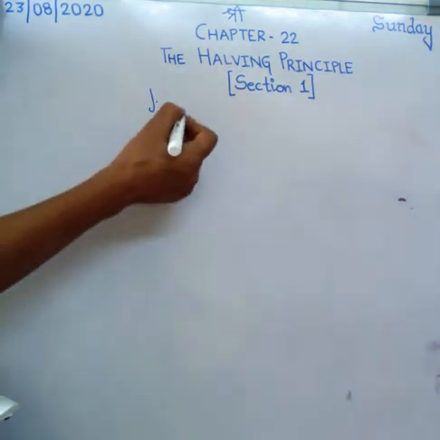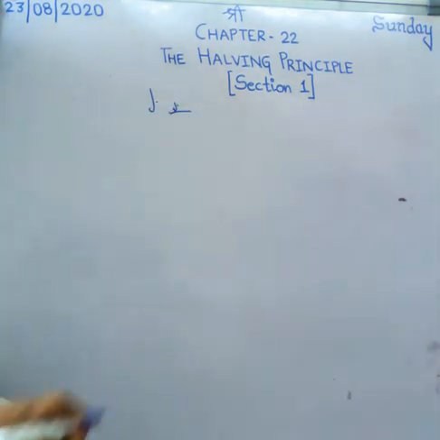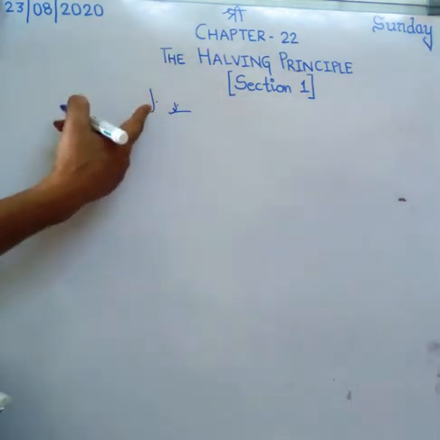In that case, when you halve it, you can add the sound of either T or D, T plus A plus N plus T, tent, or T plus A plus N plus D, tend.